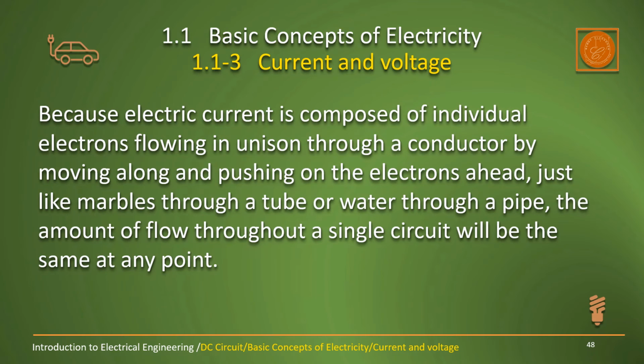Because electrical current is composed of individual electrons flowing in unison through a conductor by moving along and pushing on the electrons ahead, just like marbles through a tube or water through a pipe. The amount of flow throughout a single circuit will be the same at any point.